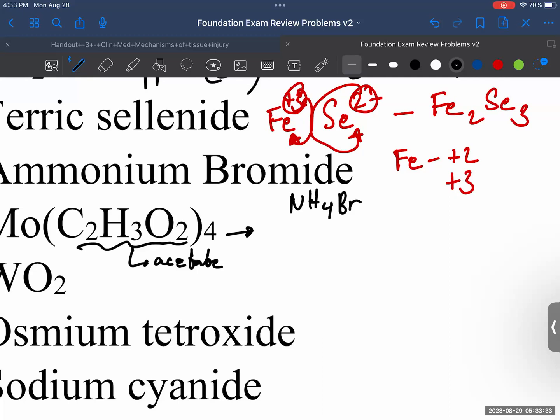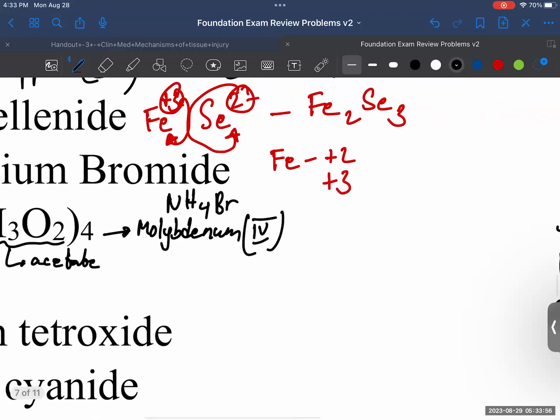So it'll be molybdenum, something like this. Then what's the Roman numeral we included? How do you write that again in Roman? IV. So molybdenum(IV) acetate. That is the name for that.